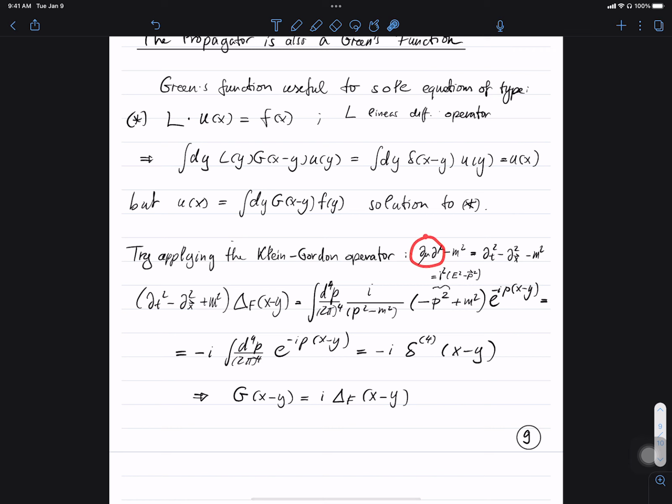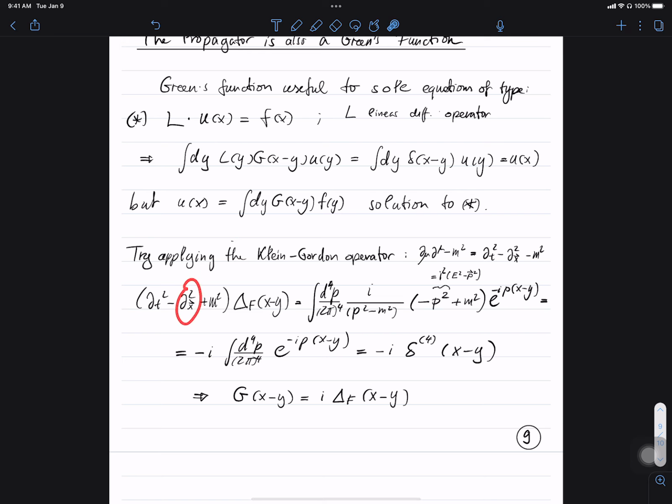Here we have the Klein-Gordon operator, which is the contraction of d mu d mu minus m squared, which can be written as dt squared minus the spatial derivatives squared minus m squared. Let's apply it to the Feynman propagator, pull the derivatives into the integral, and now since we have this e to the i p dot x minus y term here, the spatial derivative gives us an ip squared, the time derivative gives us an ip0 squared.